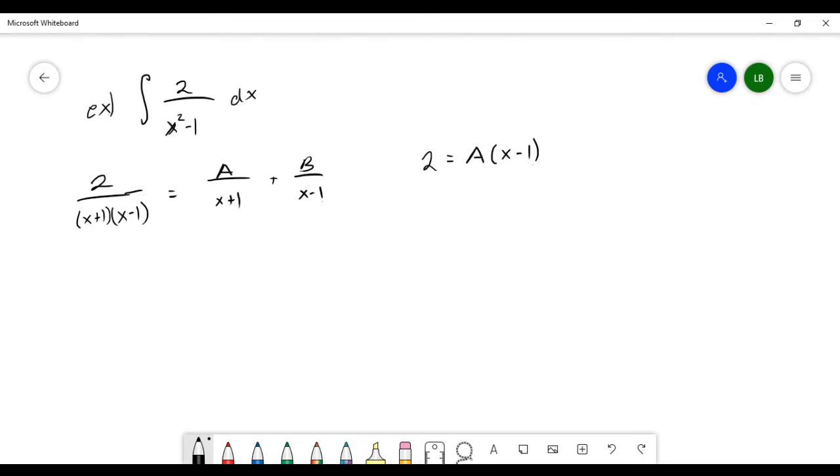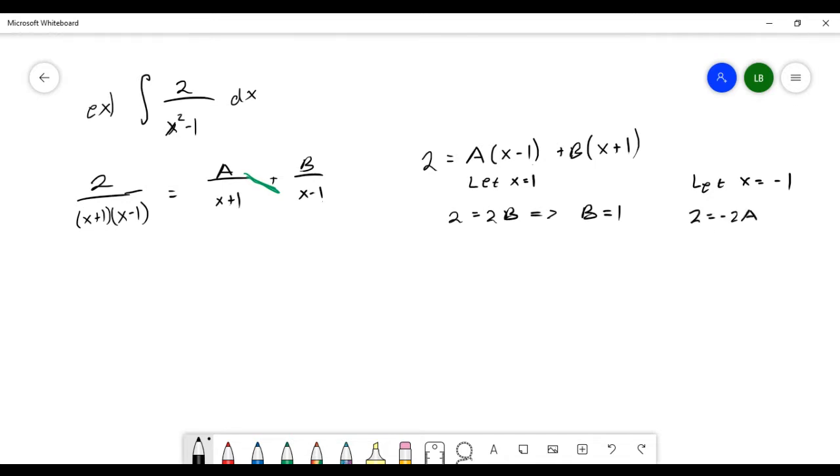Remember, we've got to multiply this a by the opposite denominator, and of course b by the opposite denominator as well, plus b times x plus 1. Let x equal 1, and 2 equals 2b, so b equals 1. And if we let x equal negative 1, then our b would disappear, so we get 2 equals negative 2a, so of course a equals negative 1.